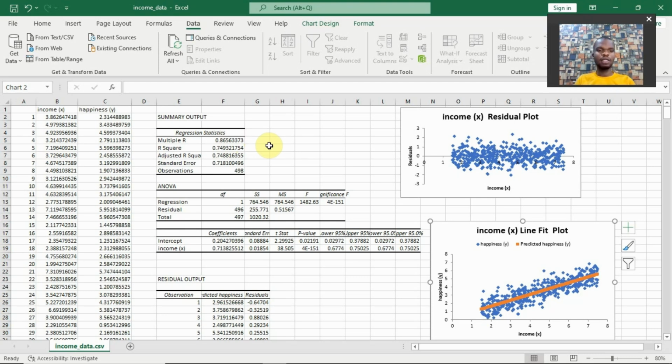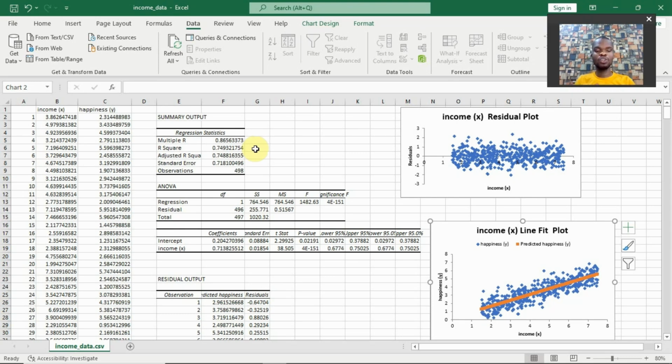R square is a value that is used to denote how accurate our prediction was. And it's usually between 0 and 1. The greater it is, or the closer it is to 1, the more strongly we can affirm that our predictions are accurate, or we can trust the model more.